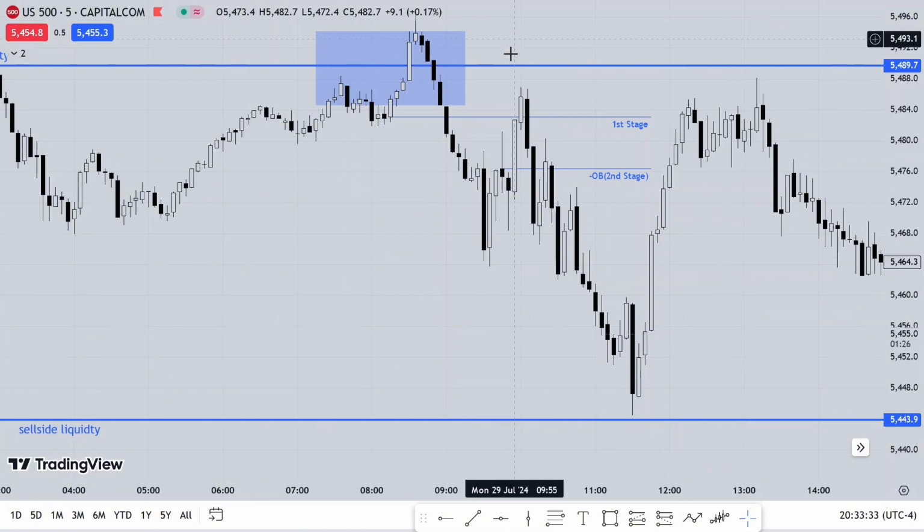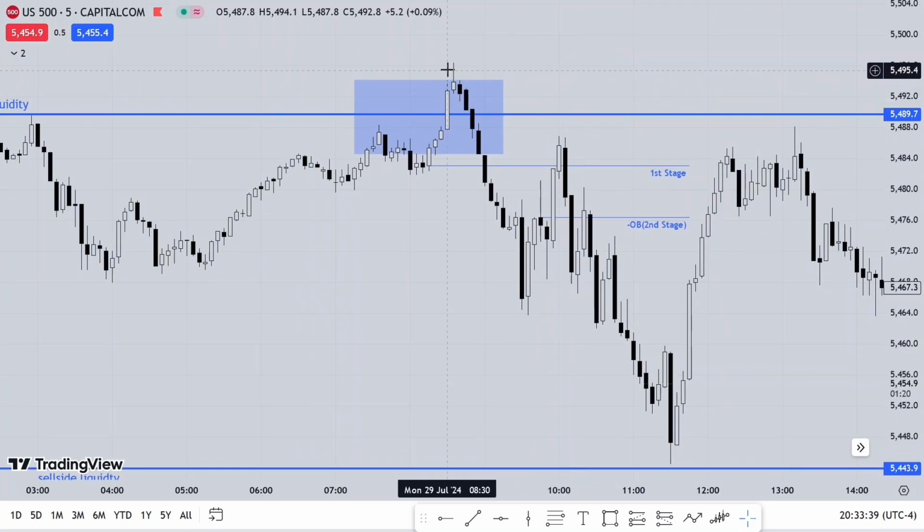So here is the first stage distribution. As you can see, price dropped lower here and left these imbalances, and also this other block, these consecutive or close candles. So this was the first stage distribution in price.